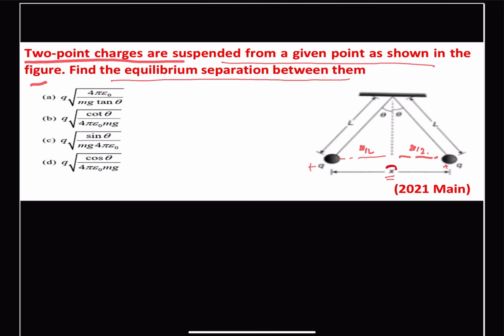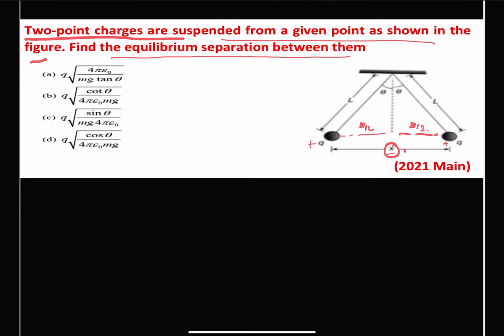Okay. So we can just take one of the charges and draw the forces on it. Let us suppose this is charge q. So we have a force F, the force of repulsion.